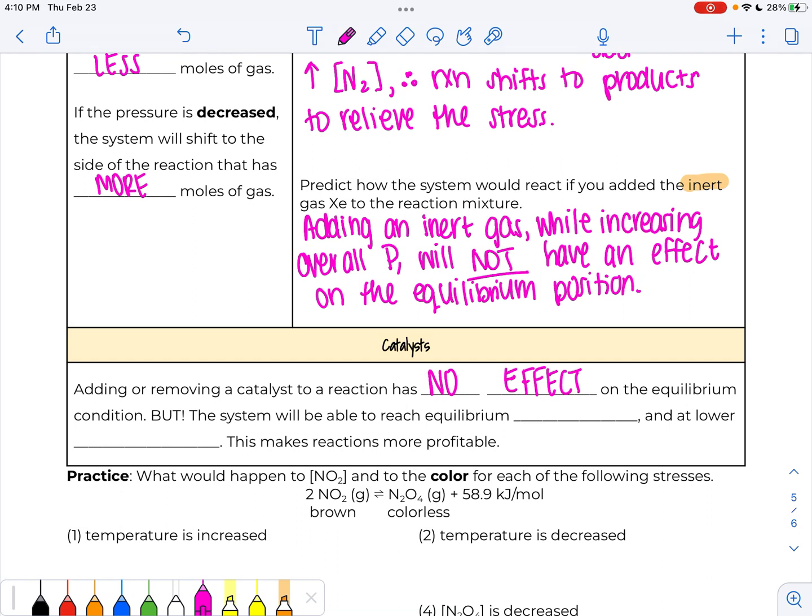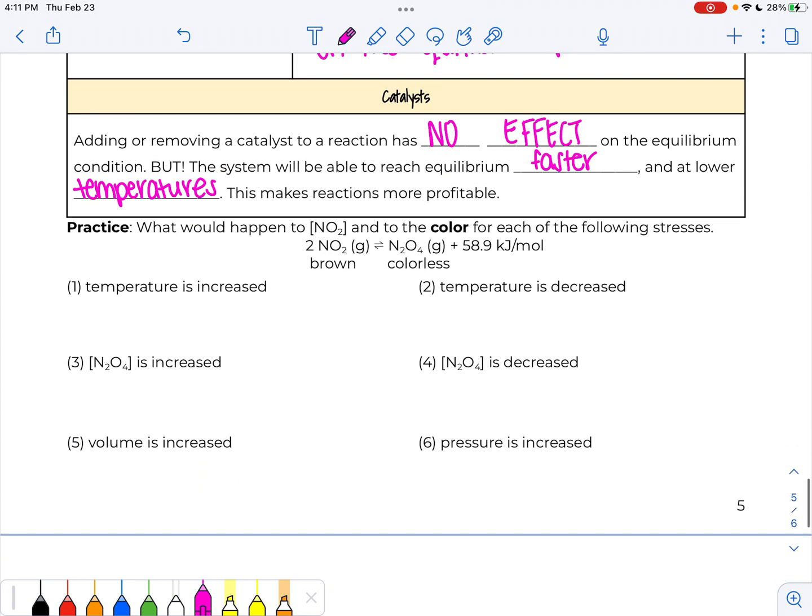But what it will mean is that your activation energy barrier is lowered, which makes your particle collisions more likely to get over that activation barrier. So it does mean your system will be able to reach equilibrium faster, and it can happen at lower temperatures because your particles don't have to have that much energy. So it does make reactions more profitable, but it has no effect on equilibrium position.